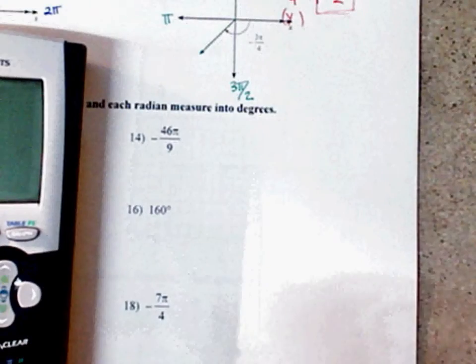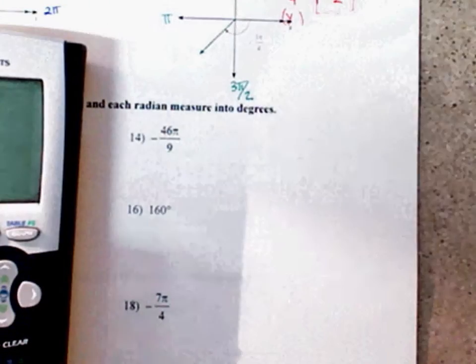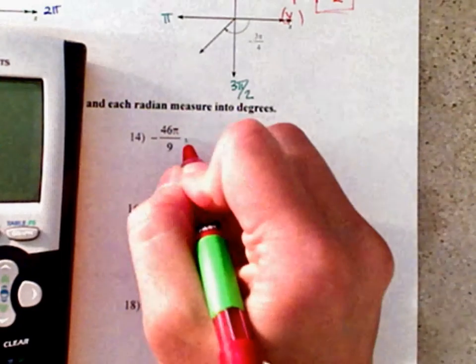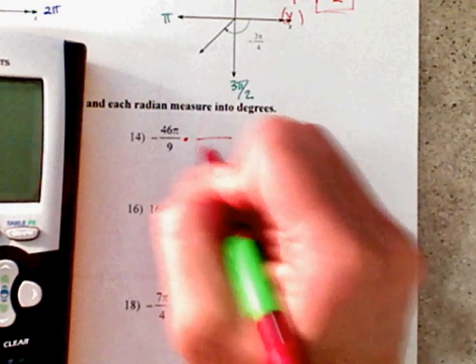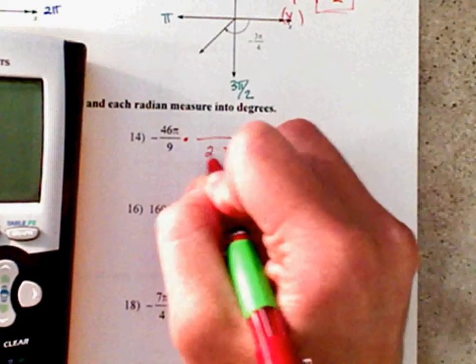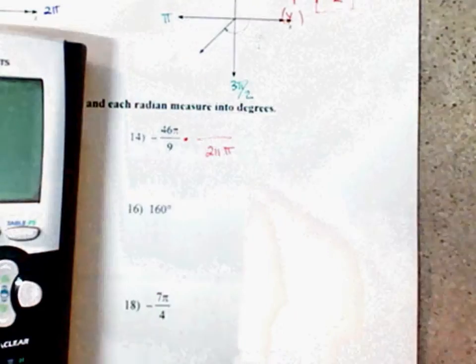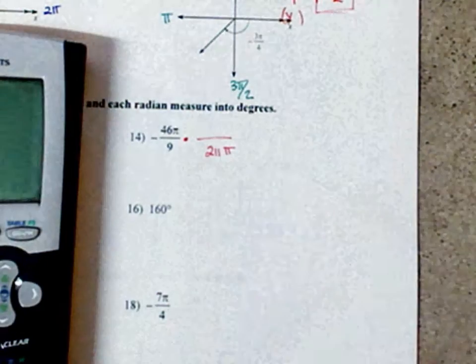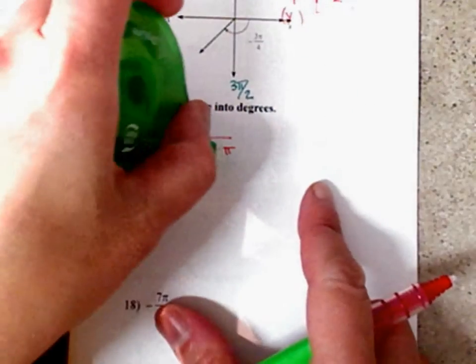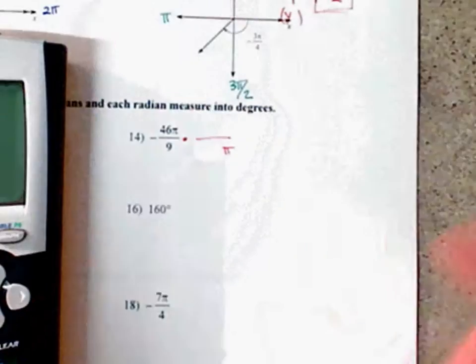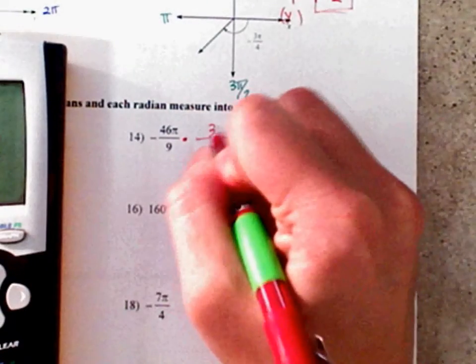Number 14. You have radians. You're going to convert that to degrees. So if radians are on top, I'm going to put radians on the bottom. So 2 pi is the same as 360.